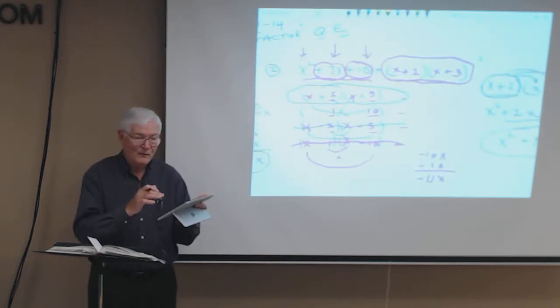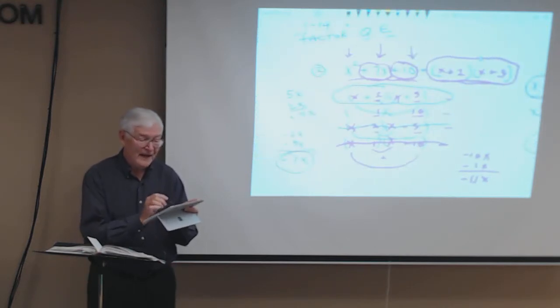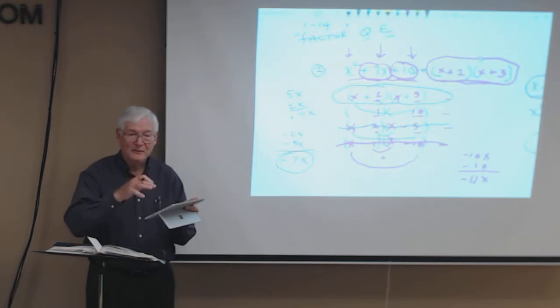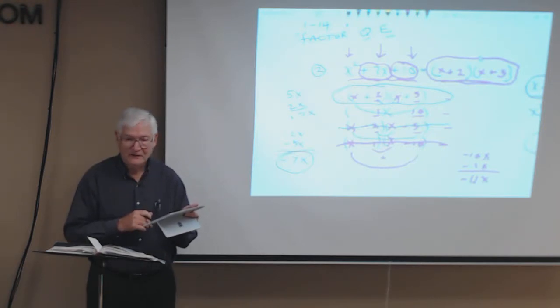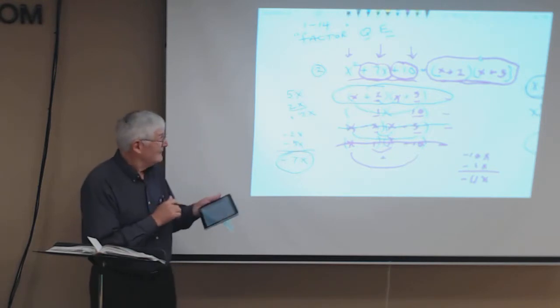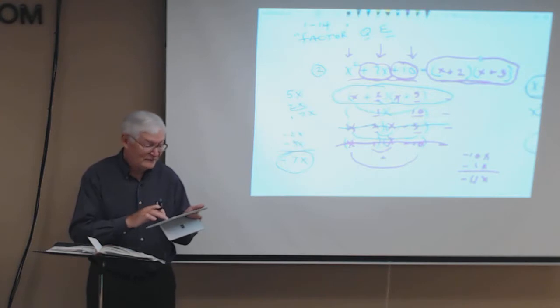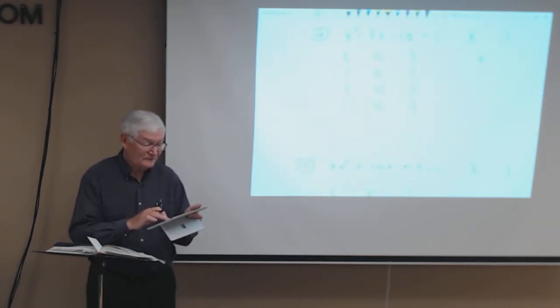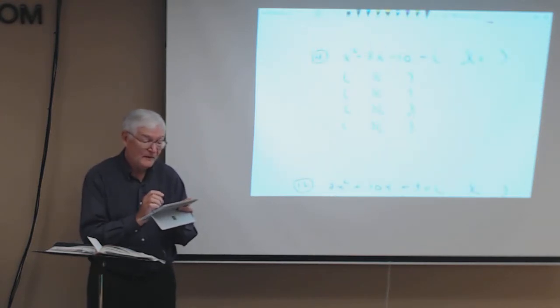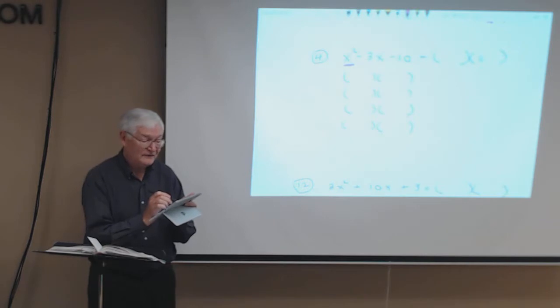You understand what we're doing when we're doing factoring? We're taking the answer and finding the two things we multiplied to get that answer. And the technique we use for doing that looks pretty messy right now, doesn't it? But let's go down and do another one. We know that the first term is going to be x and x.